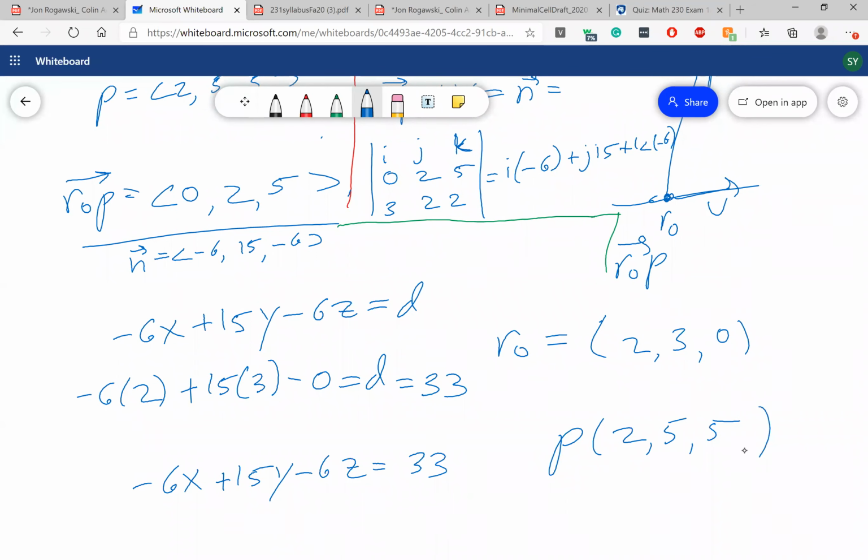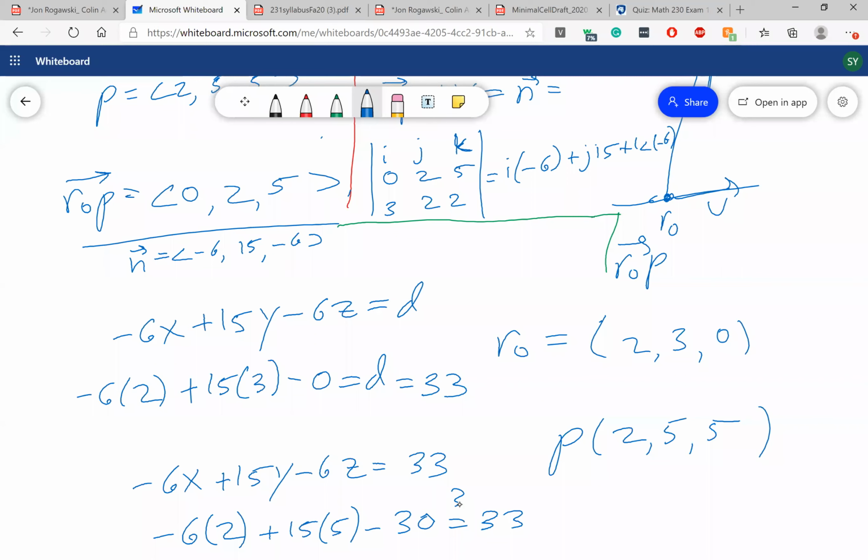So let's just make sure that that's in our plane. So that's negative 6 times 2 plus 15 times 5 minus 30. So the question is, is this equal to 33?